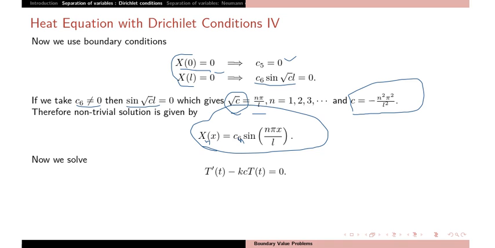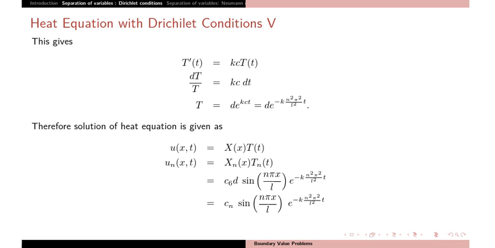Now we solve the ODE in t, T' minus k c T equal to 0, which is first order, and here c is negative, the third case only. The first two cases provide a trivial solution for X, so if capital X is 0, then u is 0, so no need to discuss them for t. So the only possibility is when c is negative.